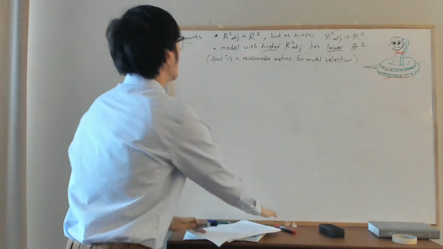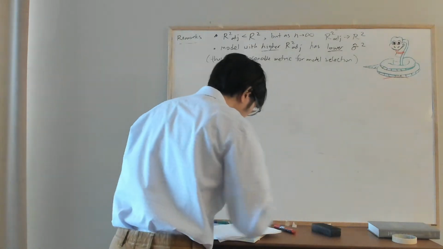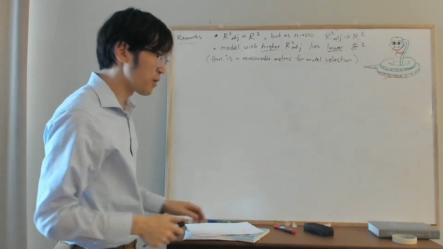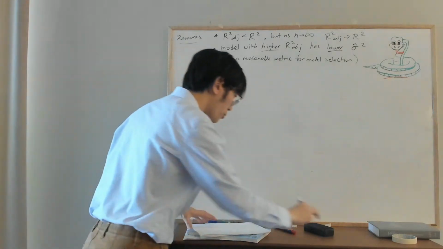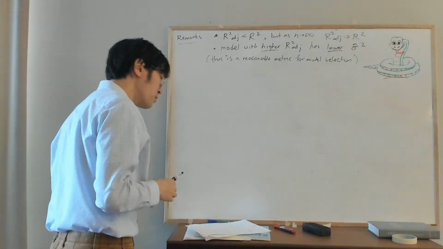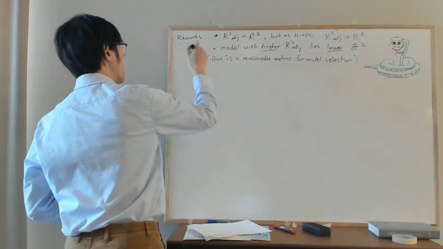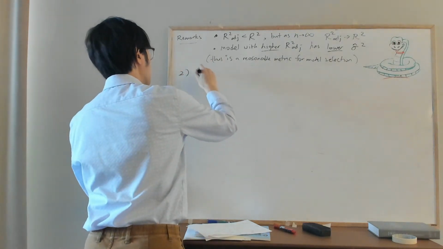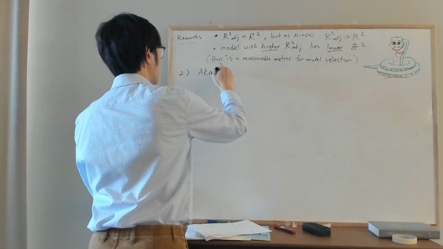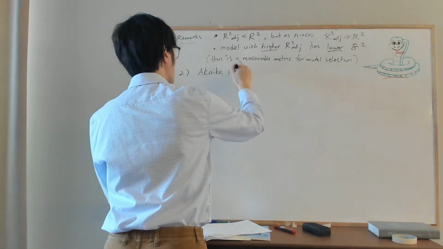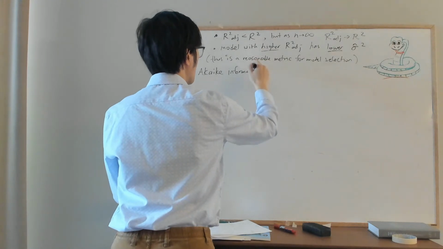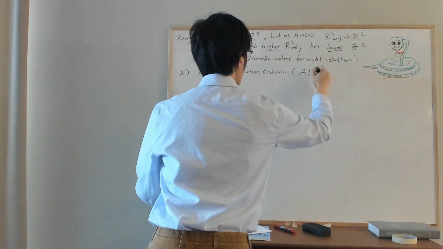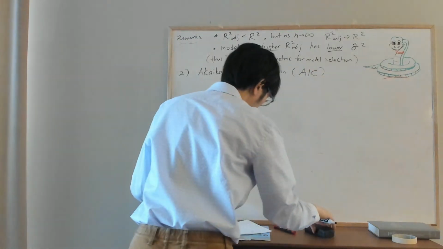Okay, so I also want to give other examples of selection criteria, especially two that have had a very important role historically in statistics and are still widely used. The first one was R squared adjusted. The second one is AIC, named after Akaike. It's called the Akaike information criterion, usually abbreviated as AIC.